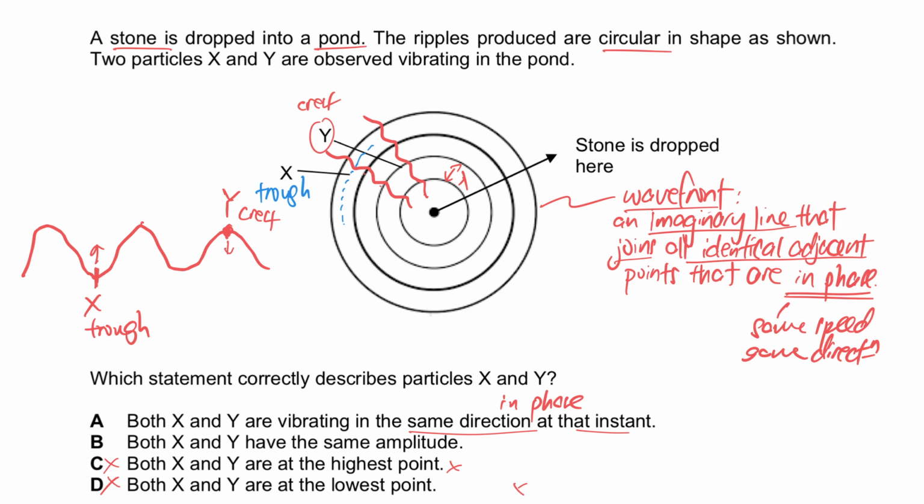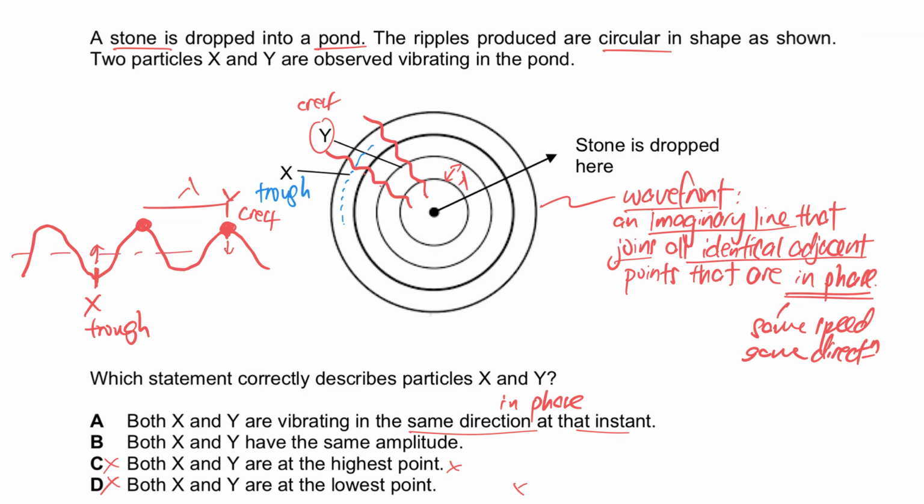Okay, just to recap a little bit, when will it be in phase? If y is in phase with another point, it will be here. Okay, if they are one wavelength apart, both points will be in phase. Let me give you another example. Okay, so if it's a trough here, another point will be here. They are in phase, one wavelength apart.